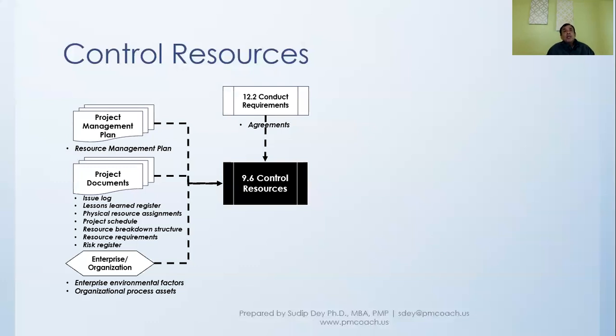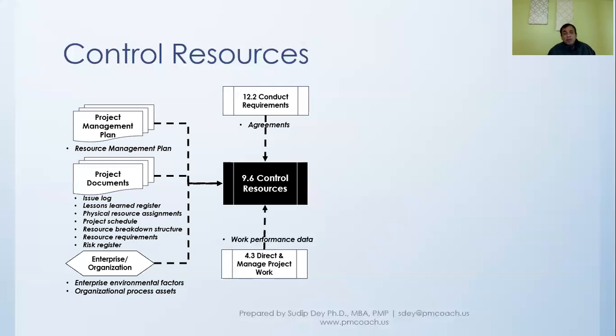Conduct procurement will also give us input as agreements. Now, why is that? Because when we're controlling resources, we might have resources that we have procured from outside vendors. And if you have done that, then the agreement that we have with the procurement vendor will become an input.